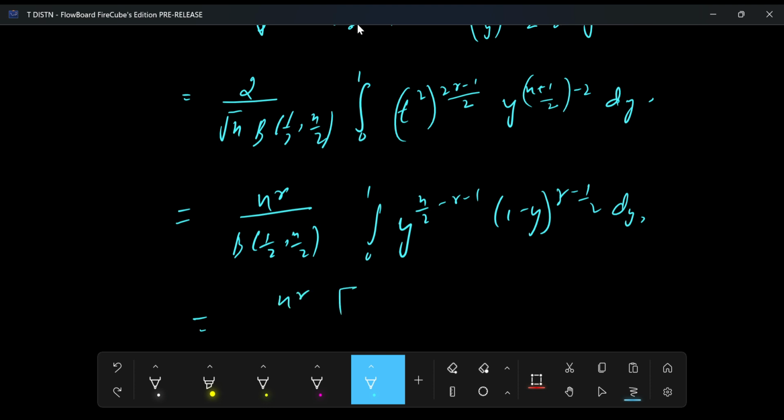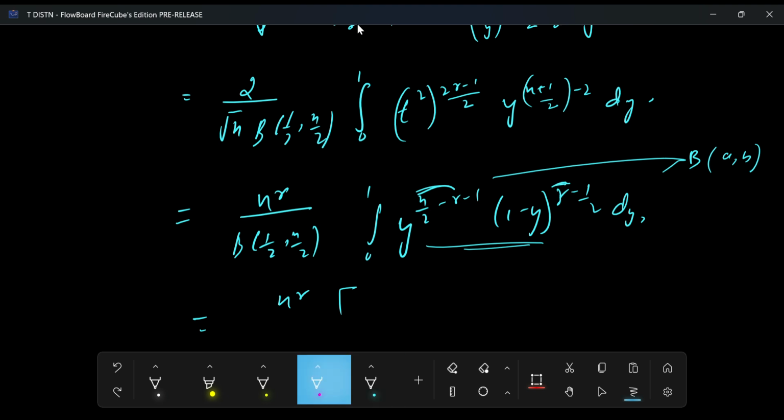This is simply a beta function. This is beta a comma b. What is a? A is this, and what is b? B is this. This is a minus 1, this is b minus 1. After rearranging, here it is 1 by 2, you should have here 1, so plus 1 minus 1.